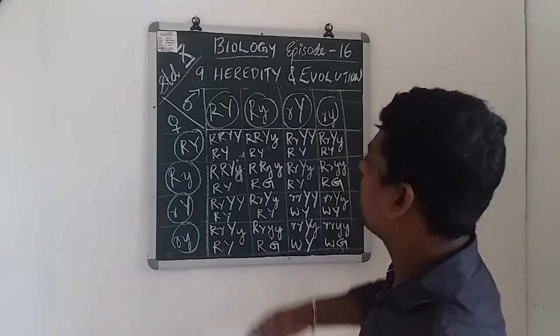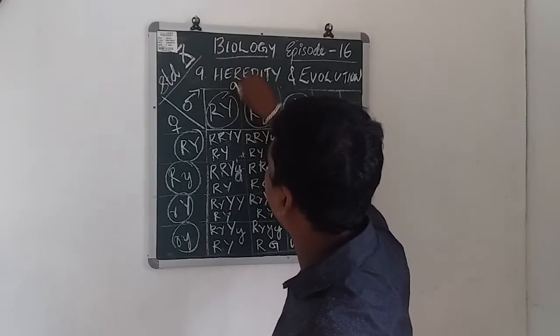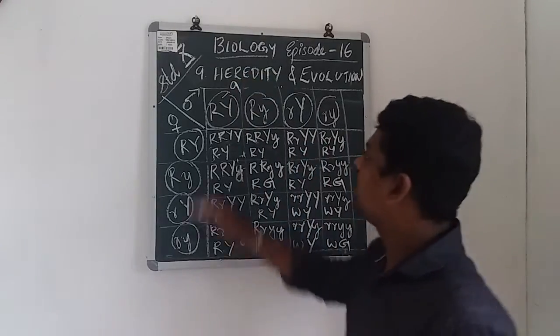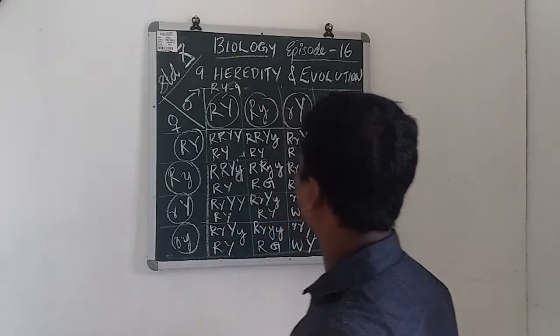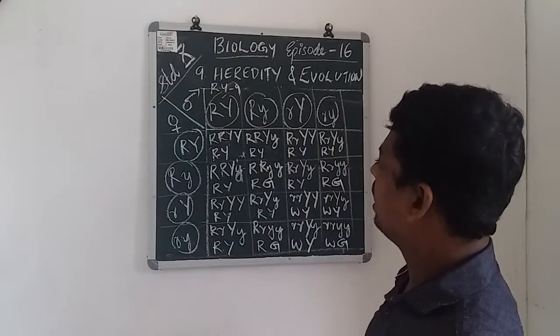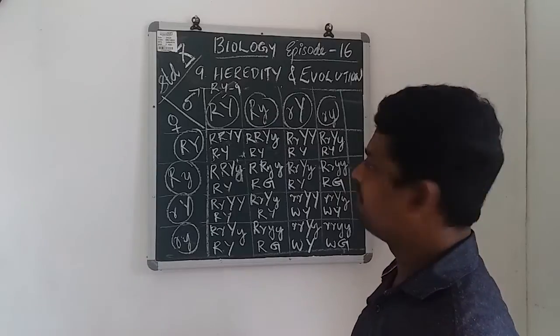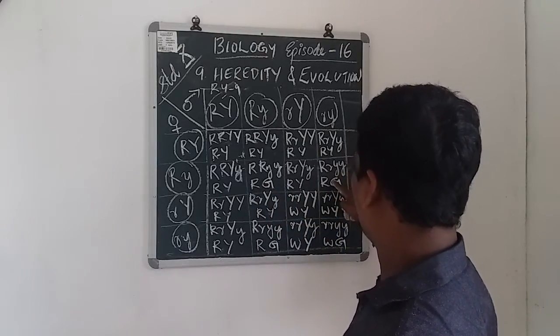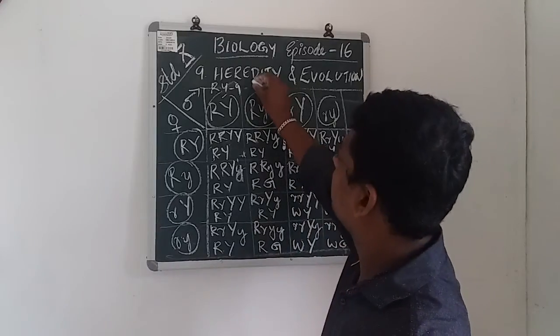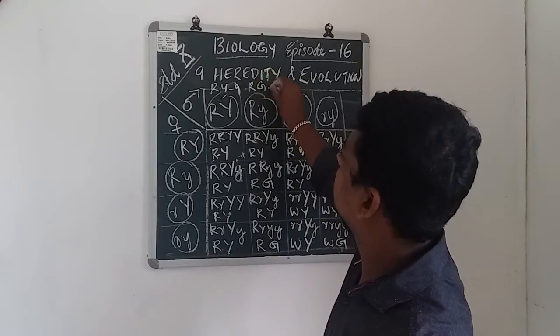That means round yellow is 9. And the next one is round green. The number is 1, 2, and 3. That is, round green is 3.